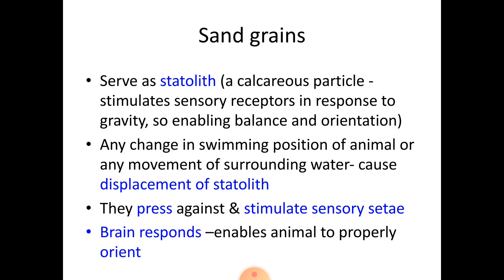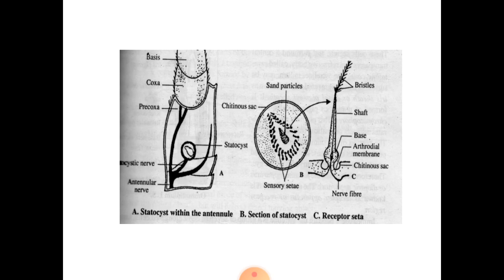So any change in swimming position of the animal or any movement of surrounding water causes the displacement of the statolith. As a result, the statolith presses against and stimulates the sensory setae, and the brain responds to it, enabling animals to properly orient themselves. This is the structure of statocyst within the antennule. That is the first structure, and the statocyst contains the chitinous sac.